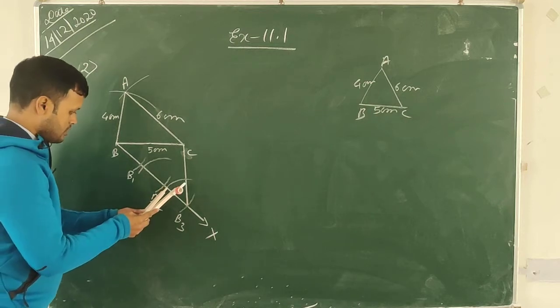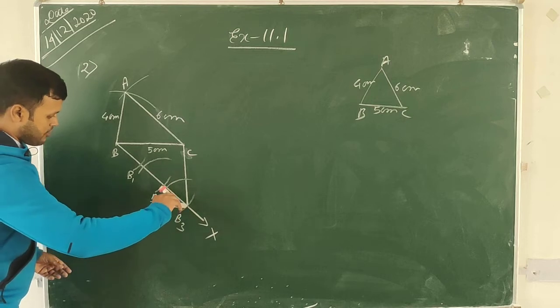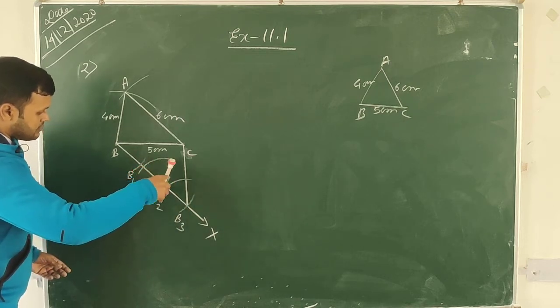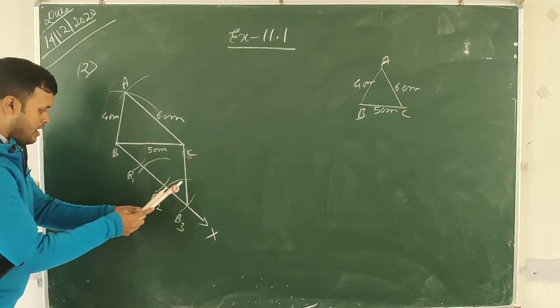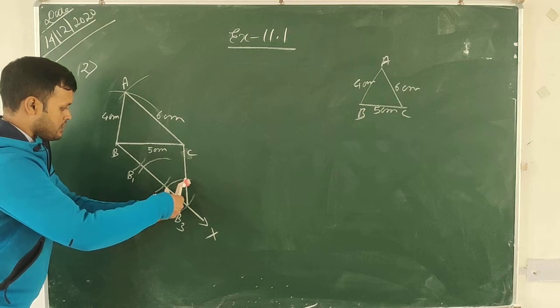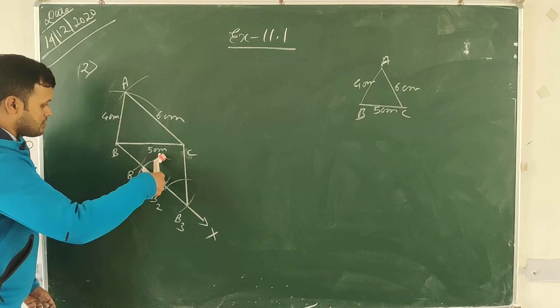Now take this part as the radius. See, first from the point B3 I am drawing an arc. Next from the point B2 I am drawing another arc, same radius. And now I am taking this much as the radius. See, all of you. From this part I will take the radius and I will cut from here, like this.